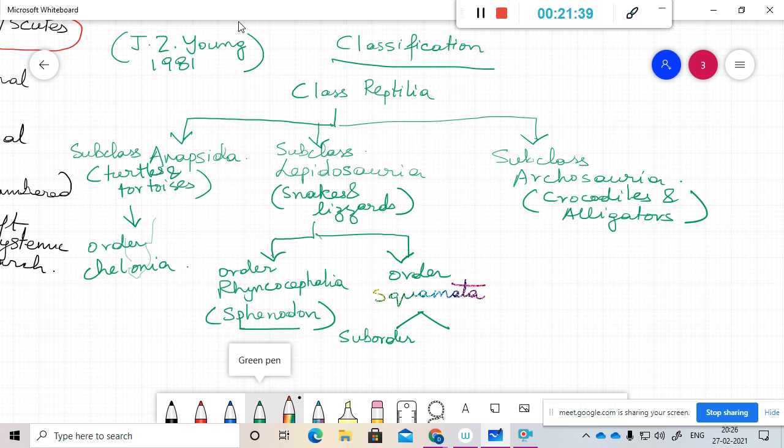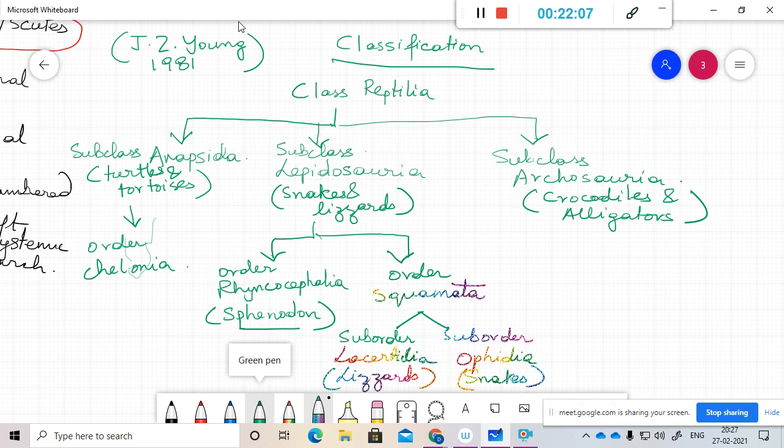Order Squamata. First is suborder Lacertilia, and you have a suborder Ophidia. Lacertilians are the lizards, chameleon lizards and all, and Ophidia are the snakes.